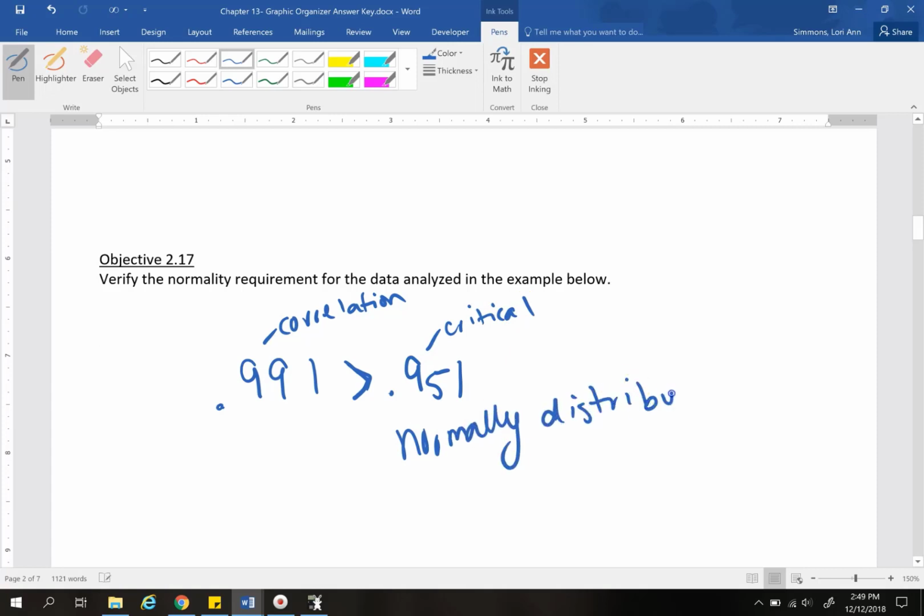You would be given this information on your homework, so as long as you know it's greater than, and you can find the critical value off of a table. I believe I talked about that in chapter 10 or 11. You know then it is normally distributed.